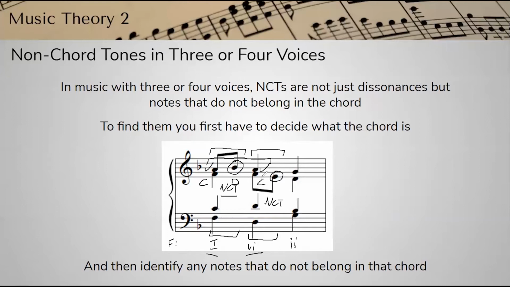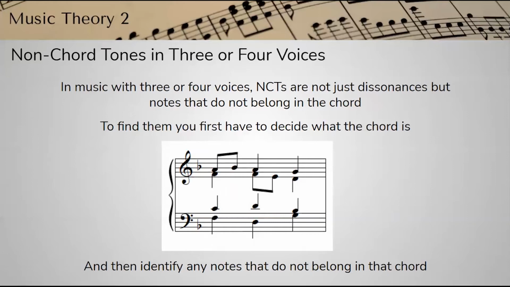Same thing with this E. The note F here is a chord tone of D minor, but E is not a chord tone of that chord. And then this D is a chord tone of the next chord. So again, we get that same kind of pattern of something that belongs in the chord, something that doesn't belong in the chord, and then something that belongs in the next chord, right? And that's usually how these non-chord tones work. Okay.